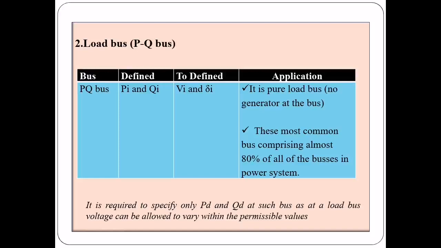Then the application: it is a pure load bus, with no generators at this bus. A load bus means no generation at that bus. And also the most common bus, comprising almost 80% of the buses, is of this type. So mostly you get load buses. The majority of the buses are load buses in any given system.